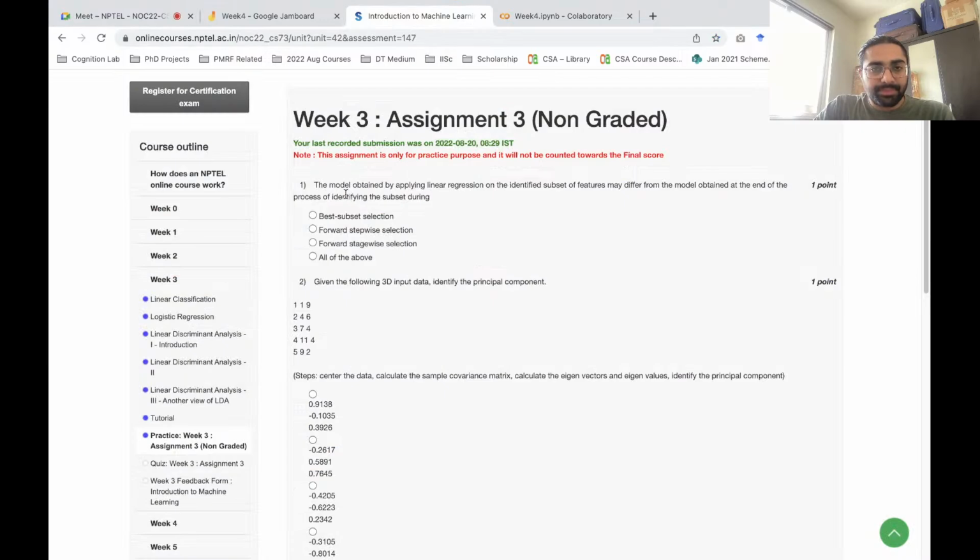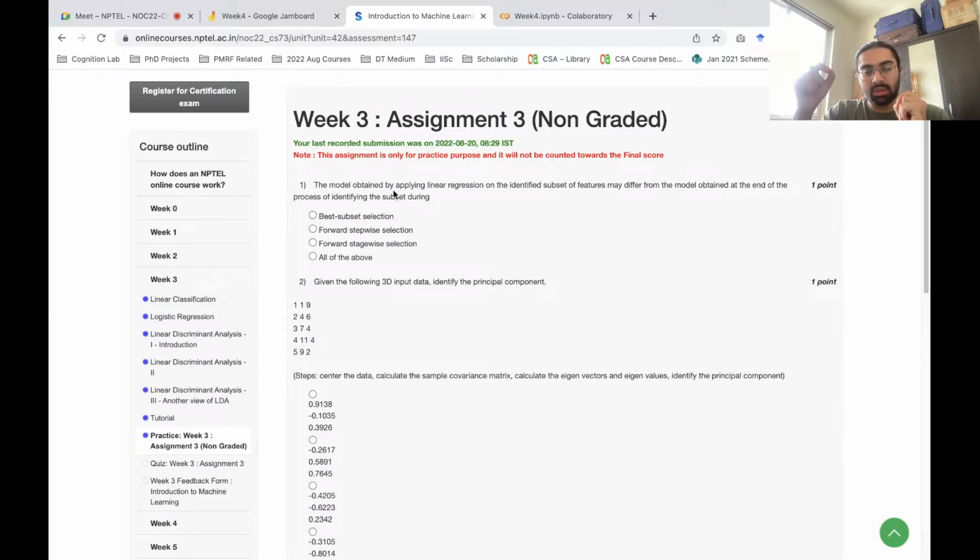All right. So the first question answer is basically forward stage-wise selection, right? Because in forward stage-wise, the idea is that the regression coefficients are whatever you got by regressing the variable on the residual coming up until that particular point of time, right?